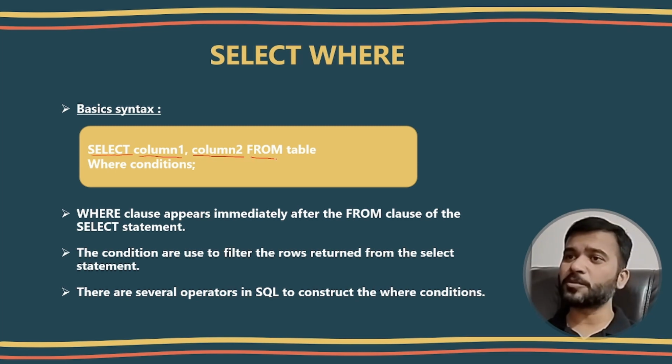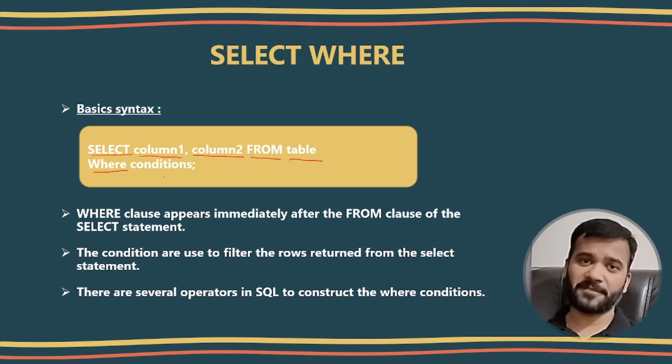Then you put from, mention your table name, and then specify the condition after where. We will see in practical how to use the where condition when we execute our SQL query in pgAdmin. But let's first understand the theory, the syntax, and why we are using where conditions.